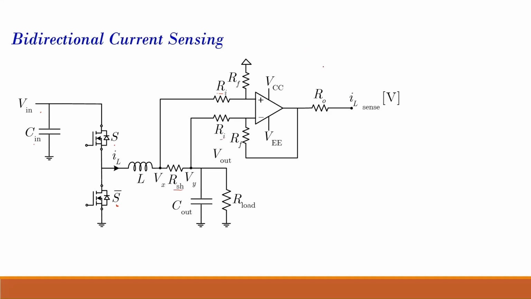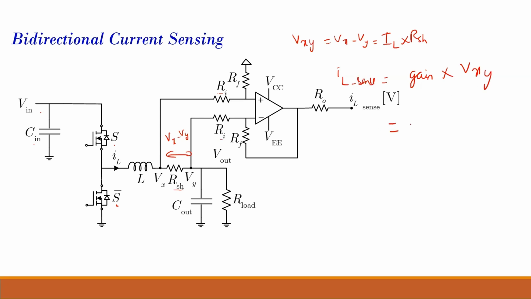The voltage over here is Vx minus Vy. So Vxy, which is equal to Vx minus Vy, is equal to the inductor current into R shunt. Now my sensed signal, IL sense, is equal to the gain of my differential amplifier into Vxy.